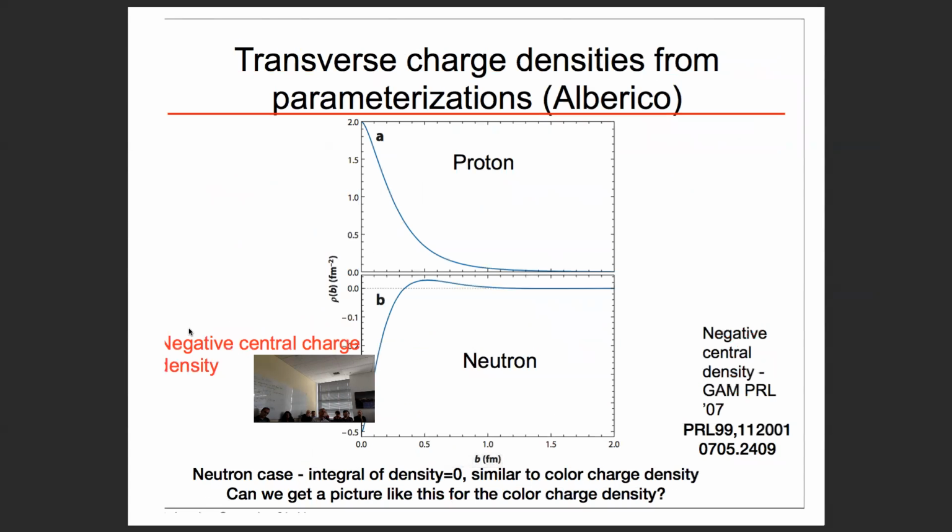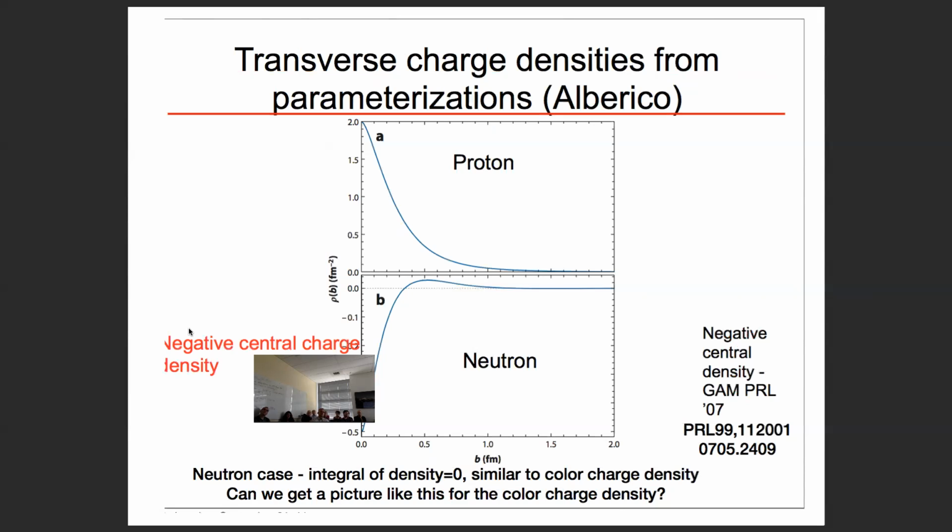In this case, I took parameterizations of F1 from a paper by Alberico and others, and you can make a picture of the proton transverse density and the neutron transverse density. The neutron transverse density is actually negative at the center, in contrast to simple pictures in old textbooks. And you have a non-zero charge distribution even though its integral is equal to 0. You can see that the integral would be equal to 0 if you multiply this by b and integrate over all b.